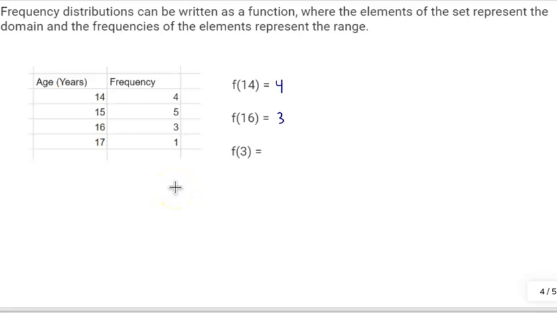So f of 14 equals 4 because 4 students had an age of 14 years. f of 16 equals 3 because the age 16 appeared 3 times in my list. However, if I try to find f of 3, I don't have 3 in my X column, so that last one is undefined.